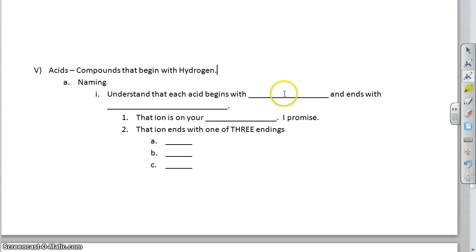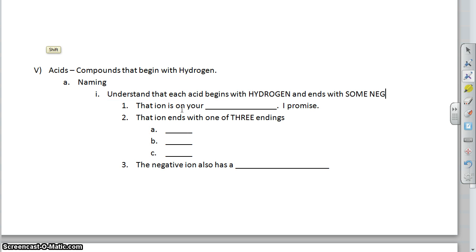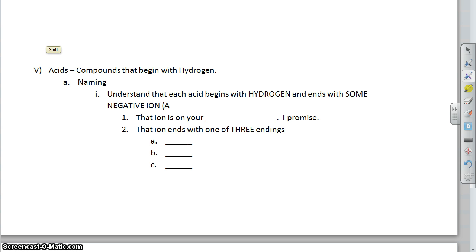First, let's talk about how you name them. First, you have to understand the structure of an acid. Every acid begins with hydrogen, as we just mentioned, but it's always going to end with some negative ion. These are, of course, known as anions, and they will be on your ion sheet.